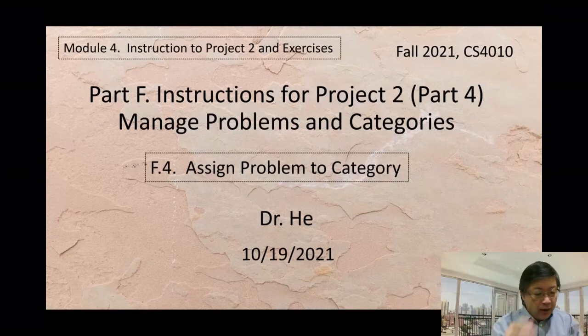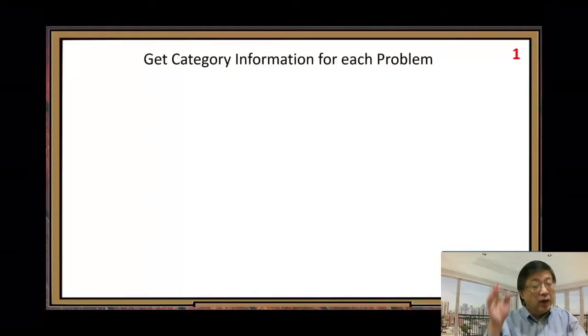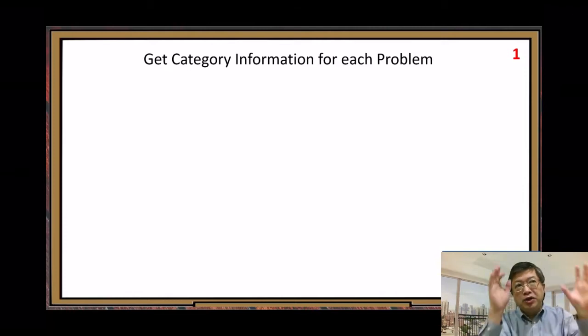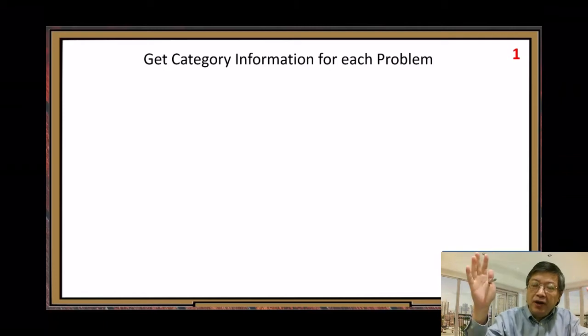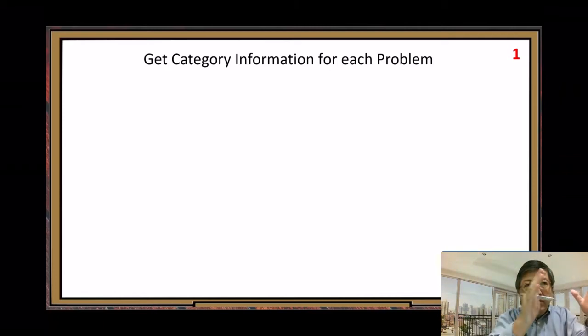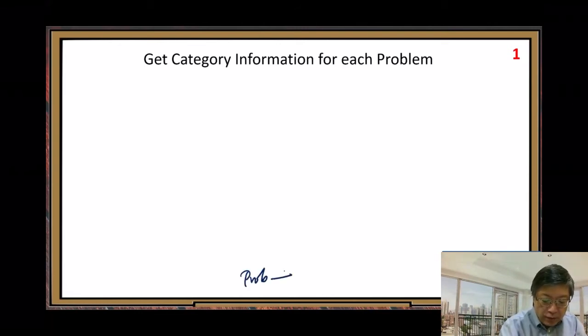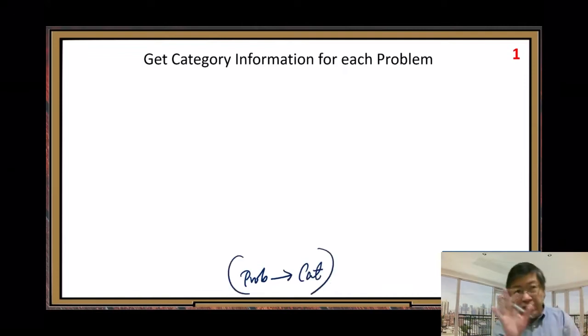All right, let us look at several things we need to do for this part. The first, get category information for each problem. So here we need to assume this situation. Sooner or later, we will get problem assigned to category, right? So problem to category mapping.